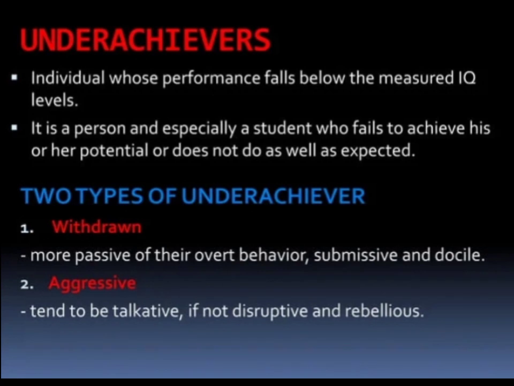So we have two types of underachiever, which is withdrawn. It is more passive in their overt behavior, submissive and docile. And we have number two, which is aggressive. It tends to be talkative, if not disruptive and rebellious. This learner is a kind of aggressive.